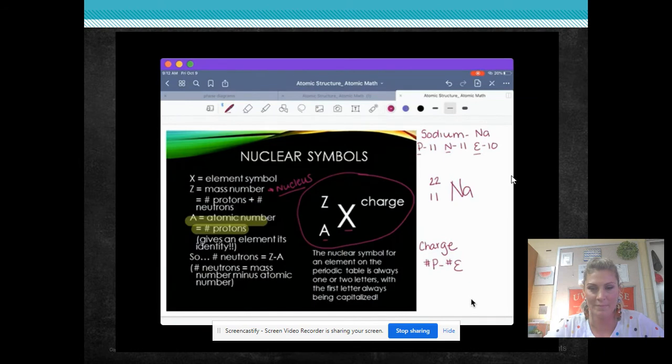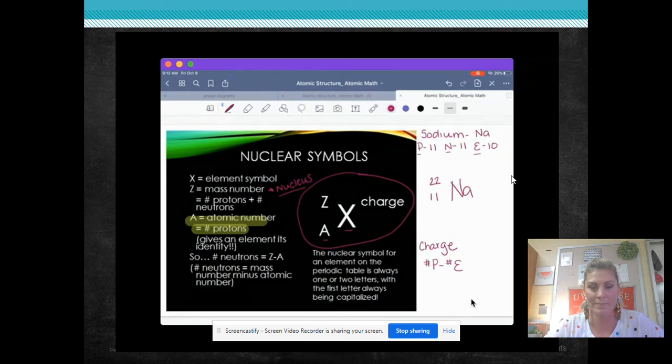So they are going to cancel each other out to make a neutral or zero charged element. So if I have an odd number of protons or electrons, it's going to give the overall charge of an atom its positive or negative charge. So it's going to create these things called ions.